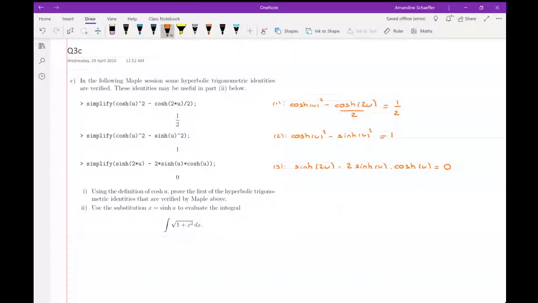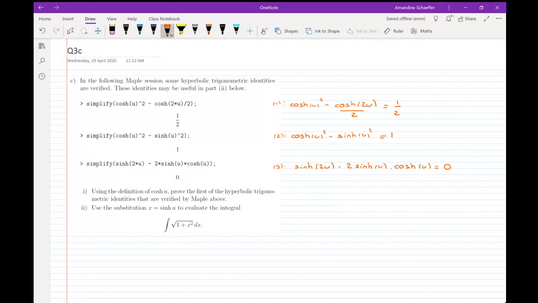Okay, so the next question is about hyperbolic trigonometric functions. In the following Maple session, you have some hyperbolic trigonometric identities that I will verify, and you have 3 of them, and I already wrote the 3 of them on the right-hand side. The first one is cosh u squared minus cosh 2u divided by 2 equals 1/2.